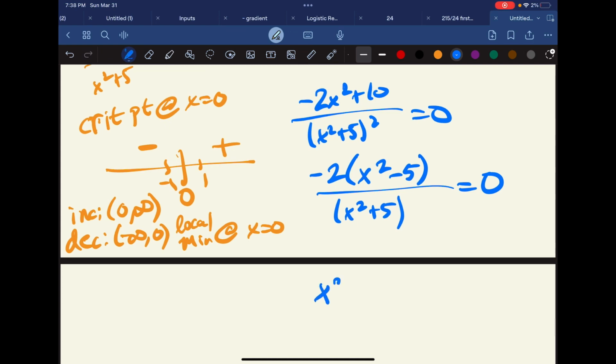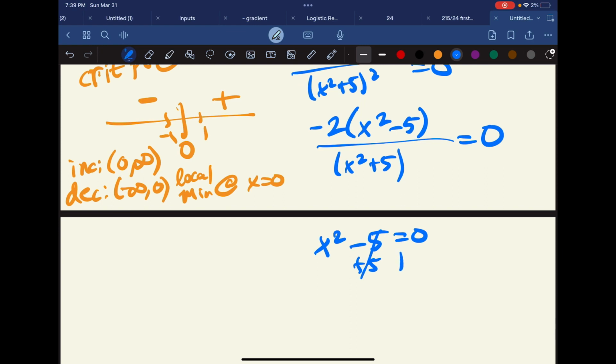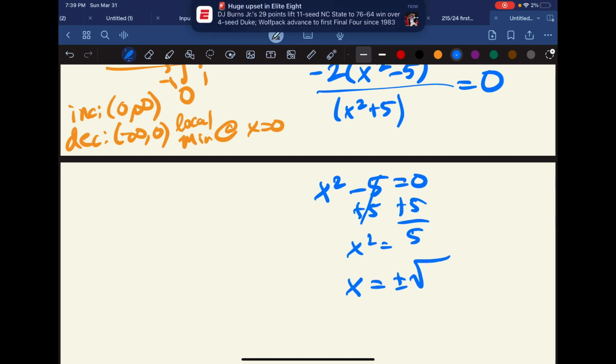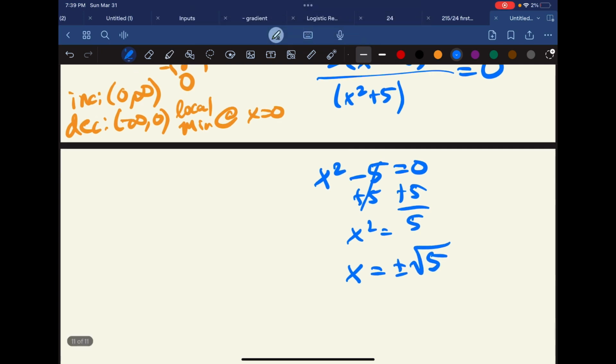The x squared minus 5, set it equal to 0. Add 5. X squared equals 5. So x equals plus or minus the square root of 5. That is when our second derivative is going to be equal to 0.